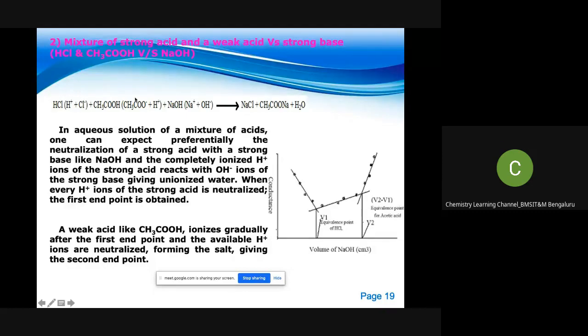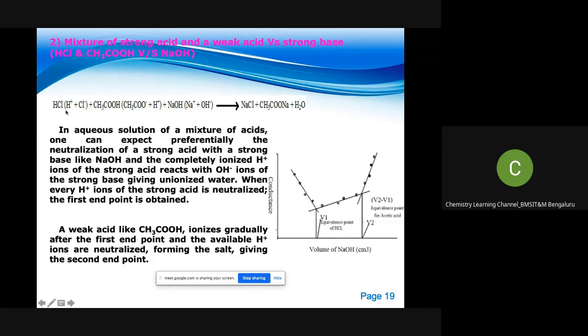Then acetic acid will start neutralizing. Okay. So HCl I can write as H plus and Cl minus. And acetic acid I can write as CH3COO minus and H plus. And NaOH I'm adding from the burette, I can write it as Na plus and OH minus, right? Okay. So among this HCl and acetic acid, HCl is going to neutralize first because it is the strong acid. Okay, so on adding NaOH, HCl will neutralize first.